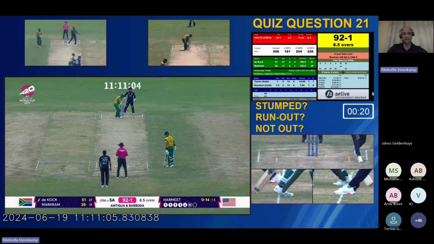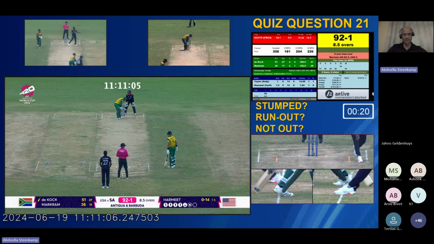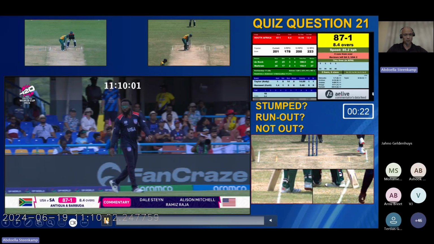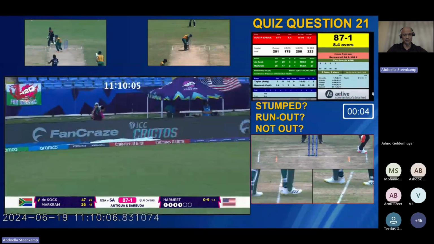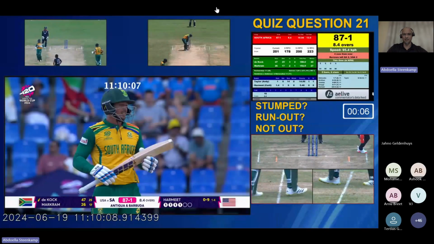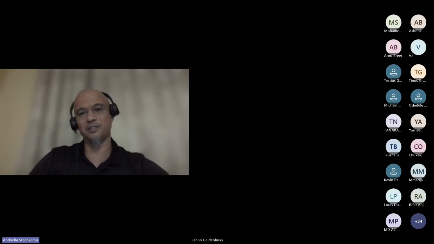Let me turn back. I'm giving you my opinion. It is how you interpret looking at this. You either think Coney is trying to take a run, or you think Coney is not trying to take a run, and I think Coney is trying to take a run. I would give Coney out, run out. That's my interpretation of the visuals that I'm seeing.